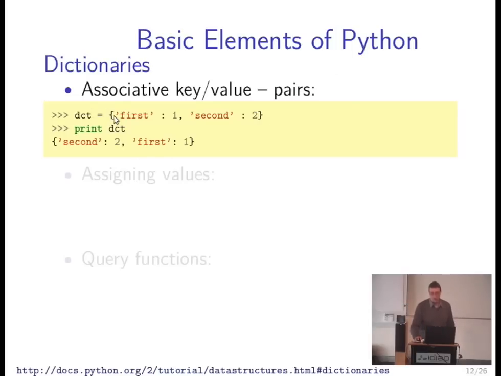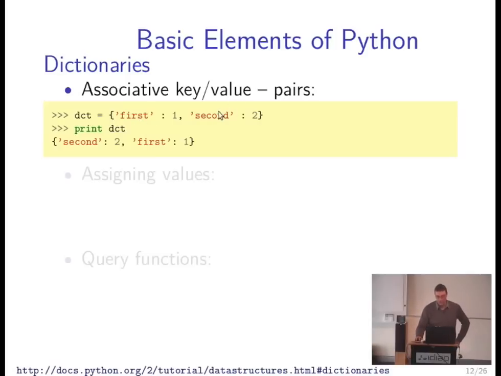And you put that all in curly braces. And when you print it, then you will see that the elements have changed order. This is because the dictionary uses some hash functions to convert, to store the keys and to order the keys.